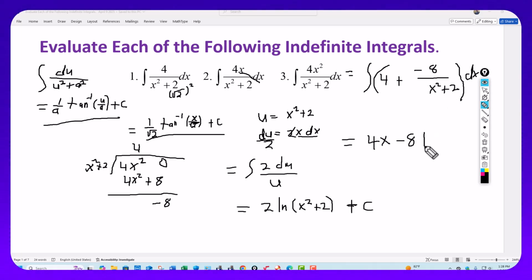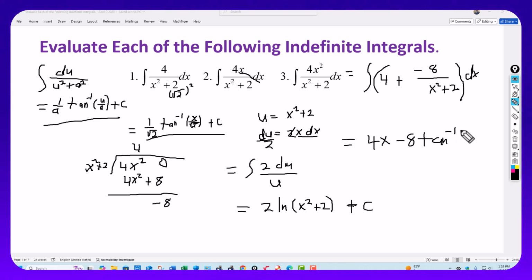That's going to be your tangent inverse of u over a. Again, u is x in this one. And 2 can be written as the square root of 2 squared. So a is the square root of 2. And then a also divides this coefficient here, the square root of 2. So we can simplify this a little bit.